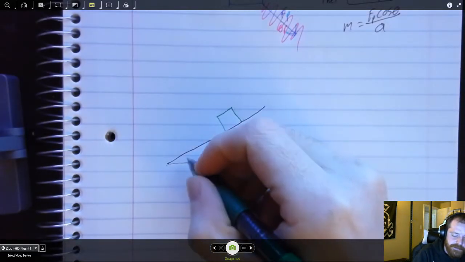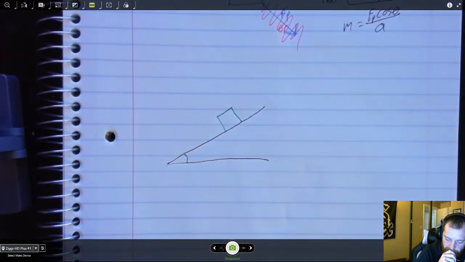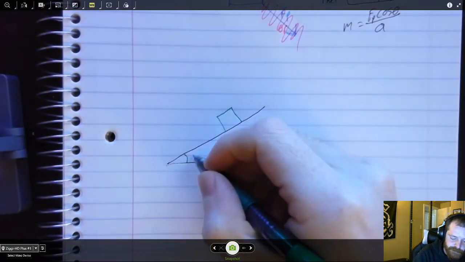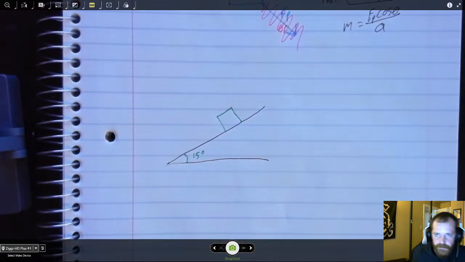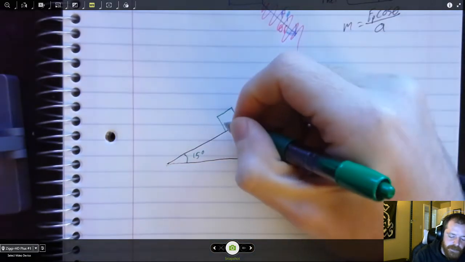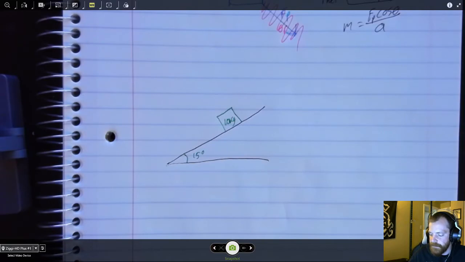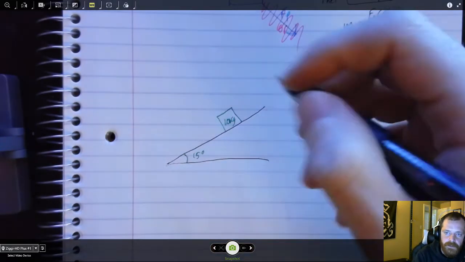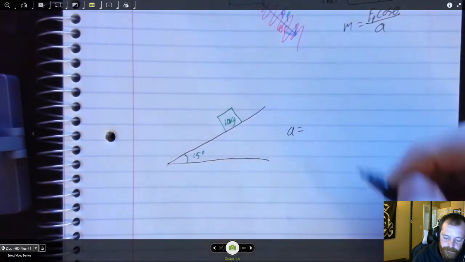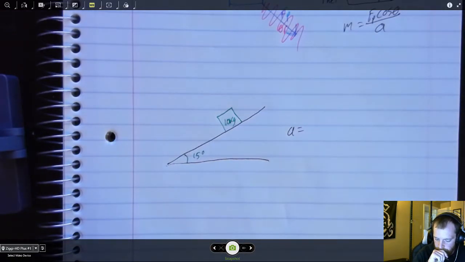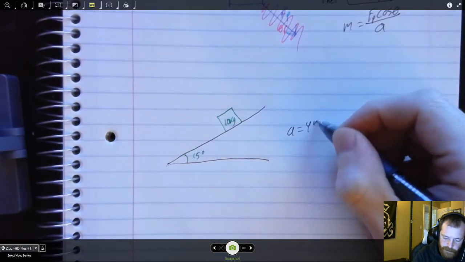All right, so let's say we got an angle here of, I don't know, 15 degrees. We got a mass here of 10 kilograms, and it's accelerating down this incline at a rate of 4 meters per second squared.